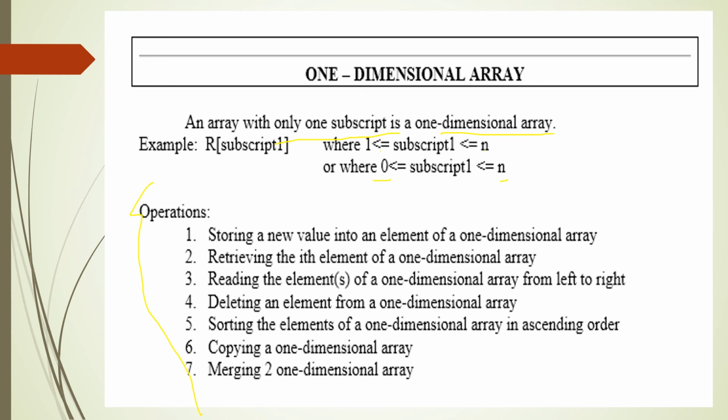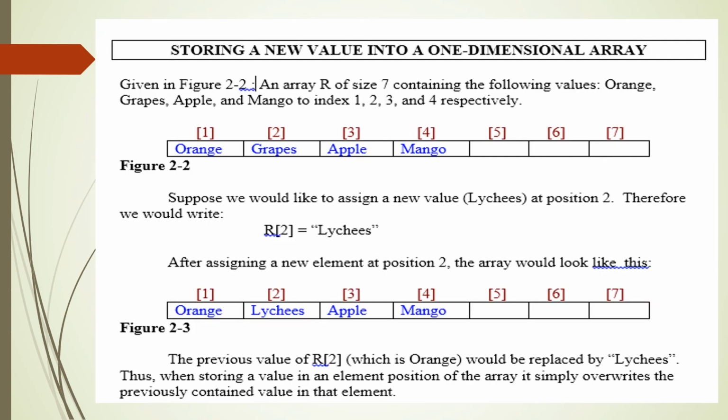Sixth is copying a one-dimensional array. And lastly is merging two one-dimensional arrays. So we have two different arrays, but both are one-dimensional in type. Let us discuss that one by one.